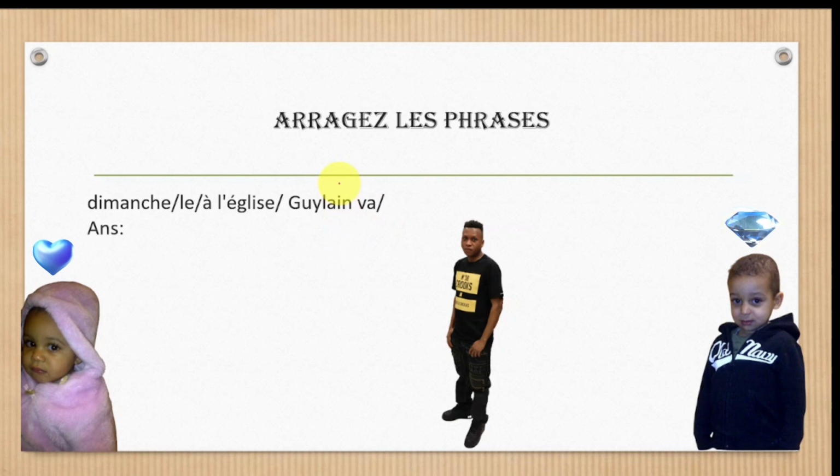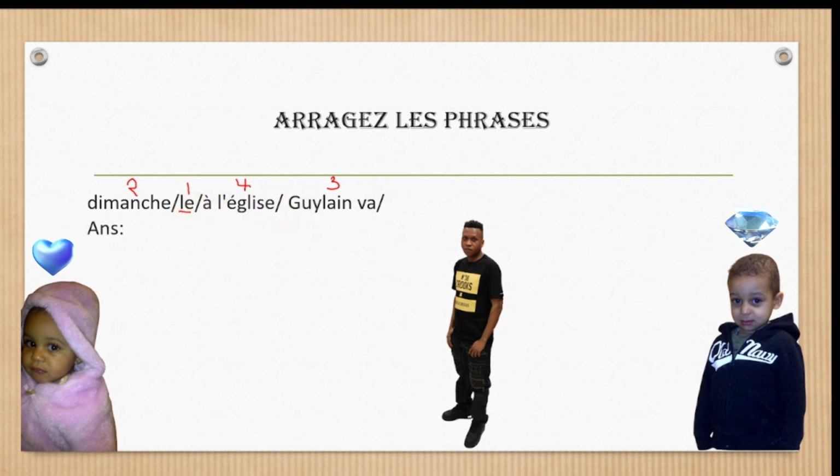So, le is 1. 2 is dimanche, le dimanche. Gulin va à l'église. This one is a 3. This one is 4. So we're gonna start here. Le dimanche, Gulin va à l'église.